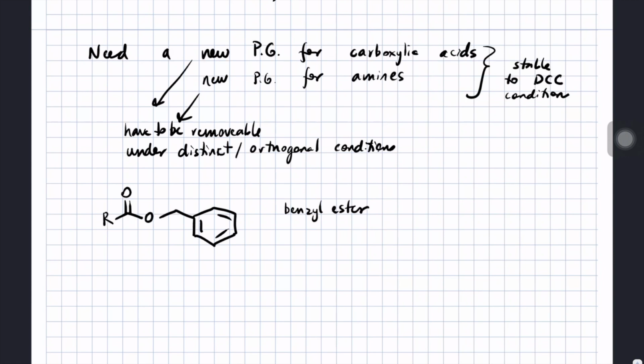And it comes from the fact that you've got this benzylic carbon attached to the oxygen of the carboxylic acid, and we will abbreviate this, as we do often with protecting groups, as OBn. This protecting group is stable to DCC conditions. It won't come off.